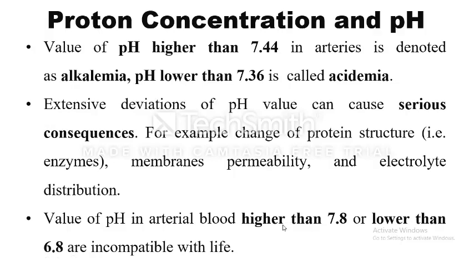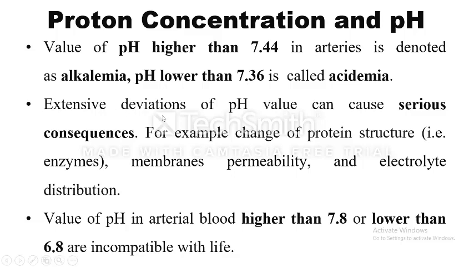A pH value higher than 7.44 in arterial blood is denoted as alkalemia. A pH lower than 7.36 is called acidemia. So these are two different conditions that arise because of the increase or decrease in the physiological pH of the body fluid or the blood.